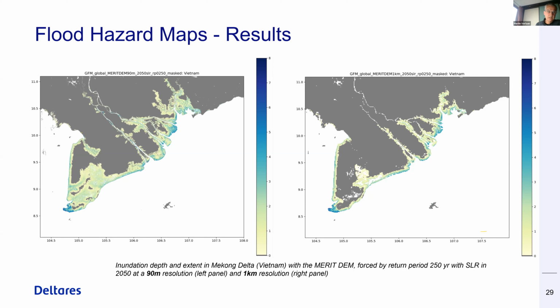On the left, you see 90 meter resolution, and on the right, the 1 kilometer resolution. You see that the connectivity in this area in the Mekong Delta increases a lot by having a higher resolution. So connectivity and resolution are very much connected.